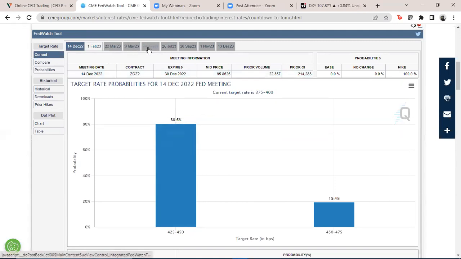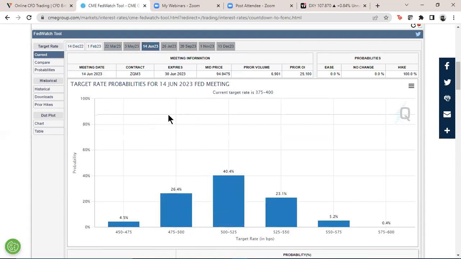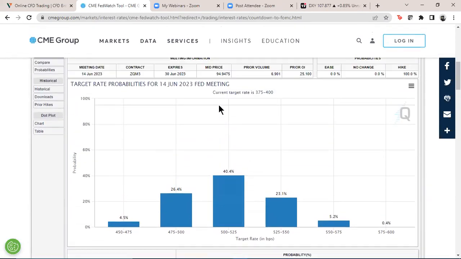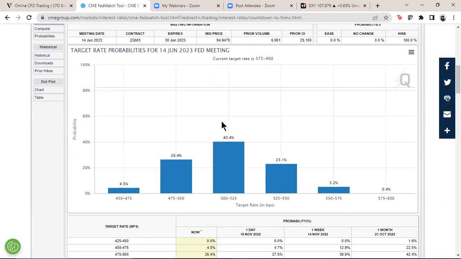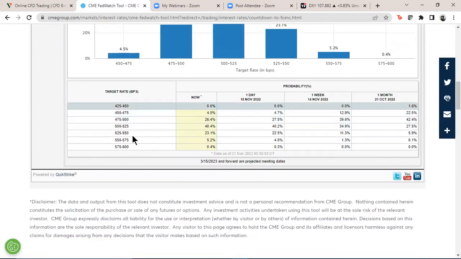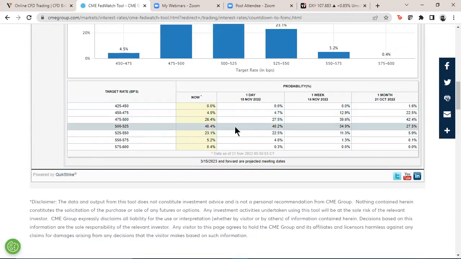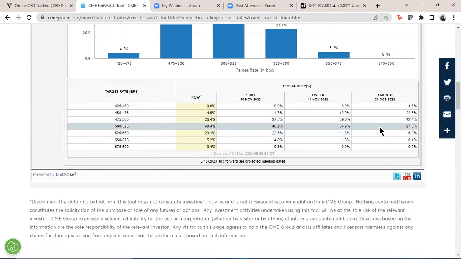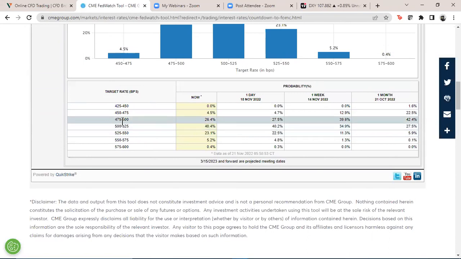And then if we look further out, we can see we're sort of pushing into this 5% marker. So a 40% chance of that happening at the 14th of June meeting. If we just scroll down, you can see we haven't moved that much. We moved from 27% a month ago for the 5% up to 40% now. And then you could see that sort of difference from the 4.75% peak rate.